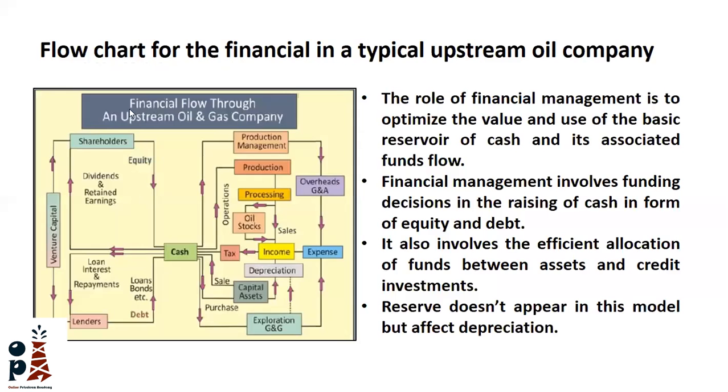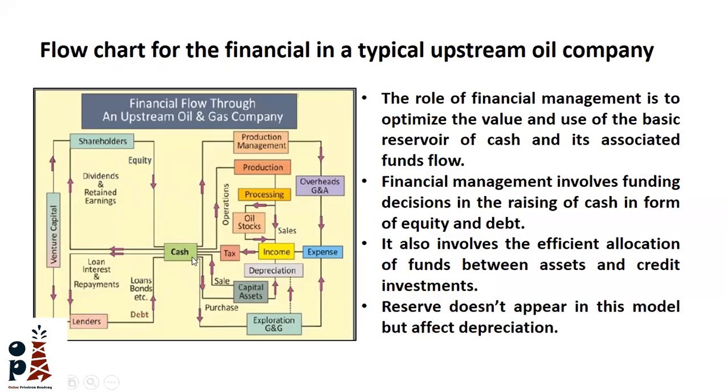So this is a typical flow chart for any cash flow to any company. This is the cash of the investor that comes from two sides: from shareholders, by selling some shares in the company, or from lenders like banks. So you have a loan from a bank.